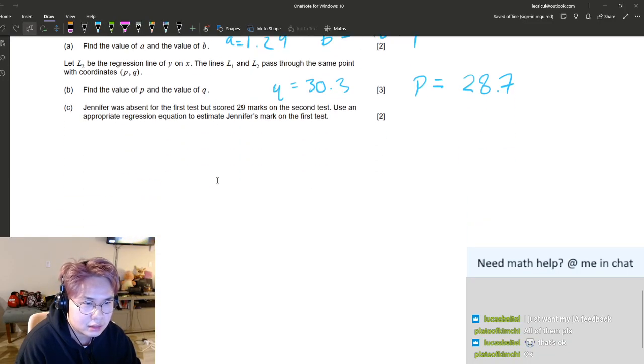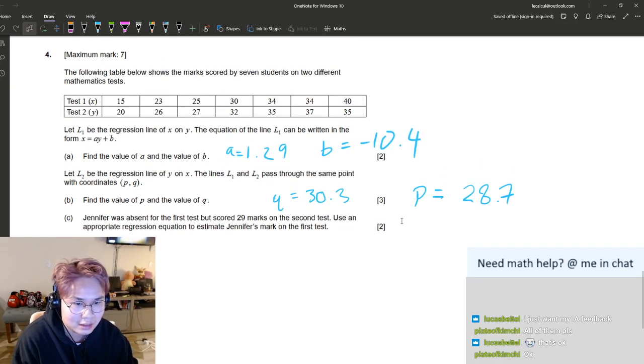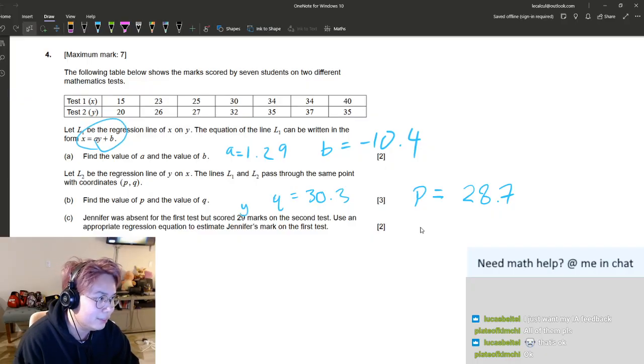And then, oh, this one is new for HL. Jennifer was absent for the first test, but scored 29 marks on the second test. Use an appropriate regression equation to estimate her mark on the first test. Okay, well, we have this formula, and 29 marks is her second test, so that's the y value.